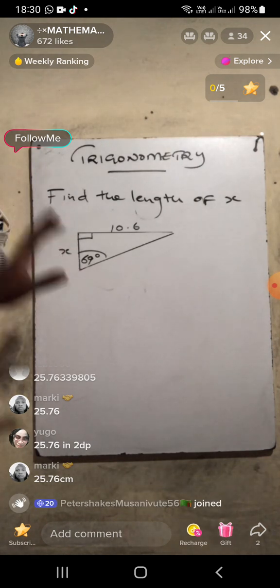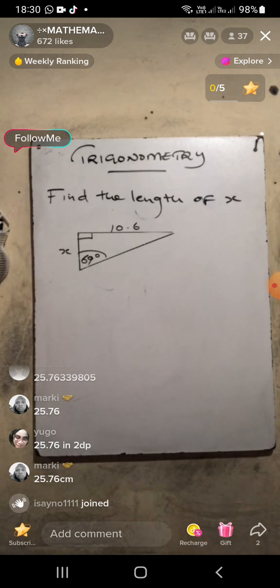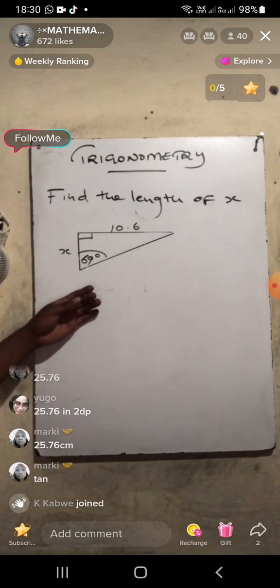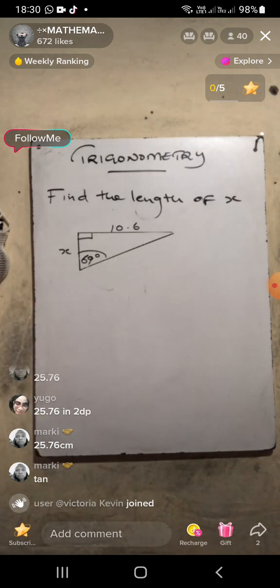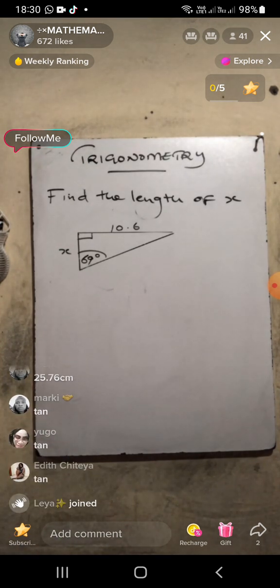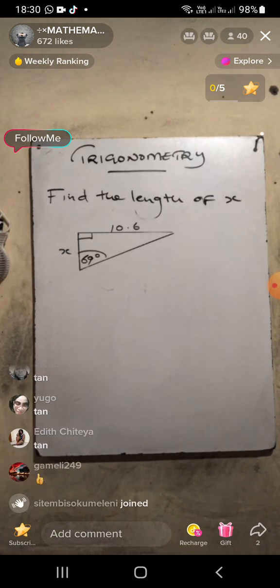Which trigonometrical ratio are we supposed to use, my good friends? Maki is saying tan. Hugo is also saying tan. Edith is saying tan.